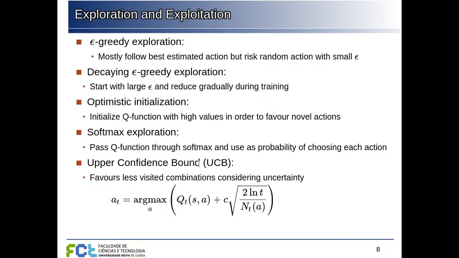Another approach is to use a measure of uncertainty. Given all the time steps that we've taken, what is the fraction of times we chose action A?